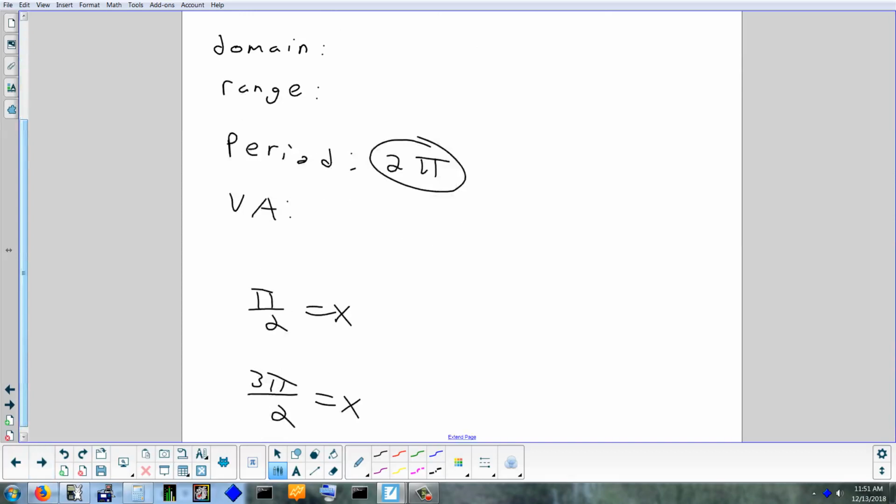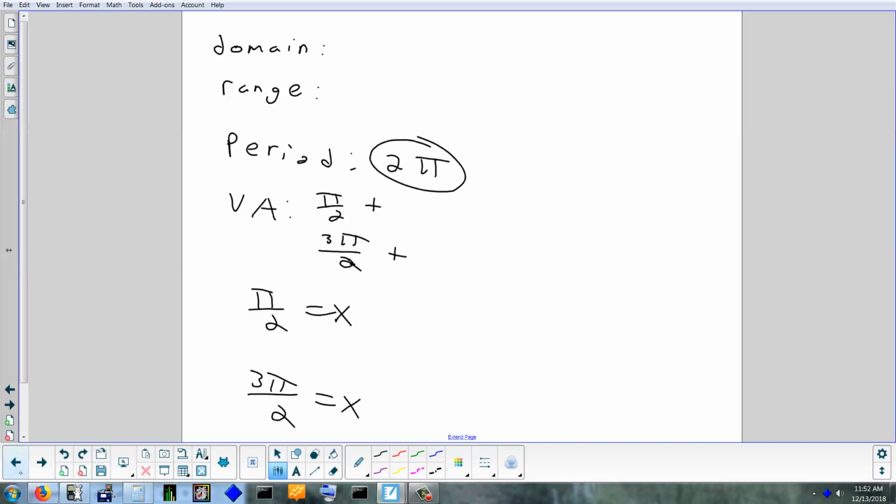Well, since the argument was just x, there's nothing to solve for. This is the original secant. You haven't changed anything. So those stay exactly the same. So I'm going to put pi over 2 and 3 pi over 2. Now, that's just the first 2 asymptotes, though. You're going to get asymptotes repeating forever.